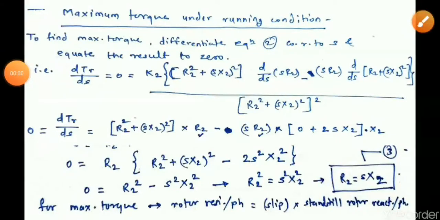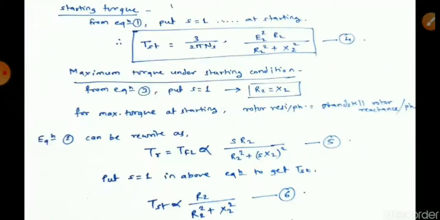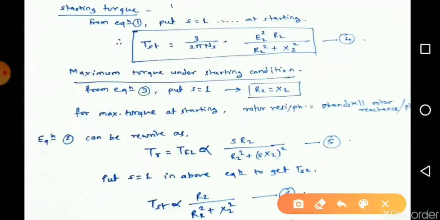Till now we have discussed the running torque and its condition for maximum torque under running condition. Now we'll see about the starting torque. Once we have calculated the running torque and its equation, it is very easy to find the starting torque as well as the condition for maximum torque at starting.